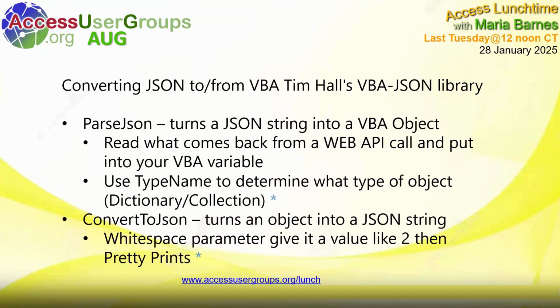And Neil is going to talk a little bit about how you use type name to determine what types of objects you have in there, whether or not you're going to transfer it to a dictionary or collection. And then the convert to JSON object also turns an object back into a JSON string. So I used it to convert my body object, which was a dictionary, into a JSON string. And then there's even a parameter that I could have used, which I didn't, that would give a prettier version directly.